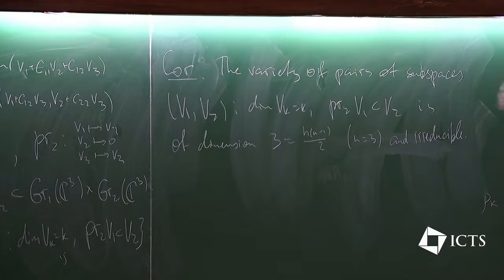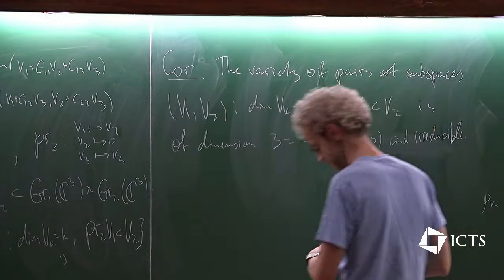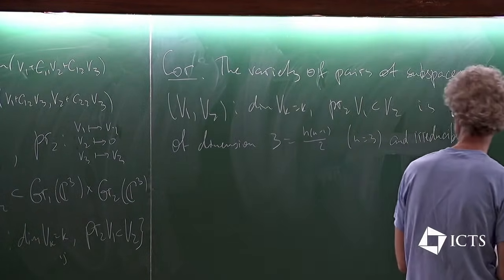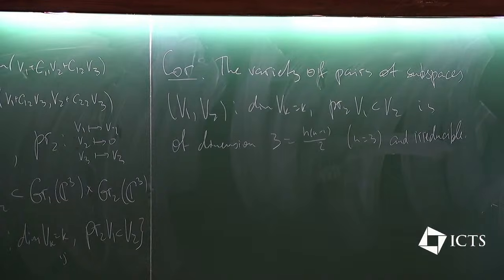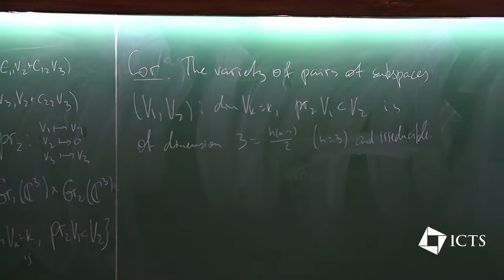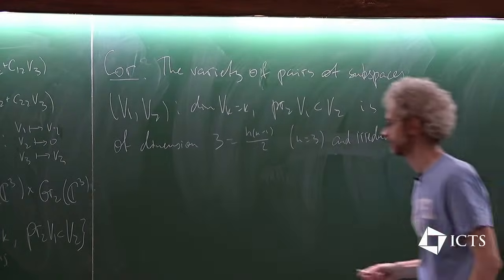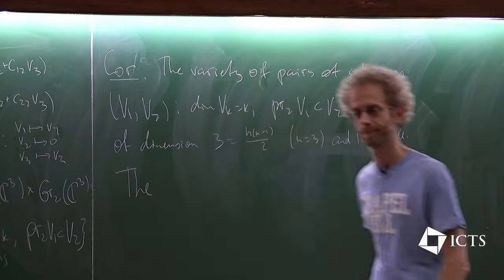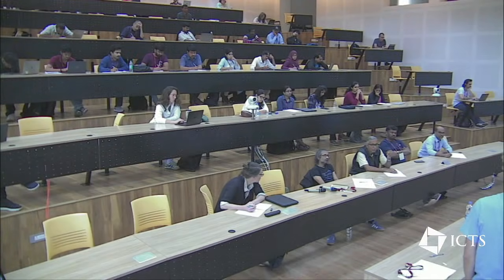So now let me state the general theorem, which with this example, I hope will be, well, maybe not clear, but at least more natural. So the theorem says, yes, right, that's right.